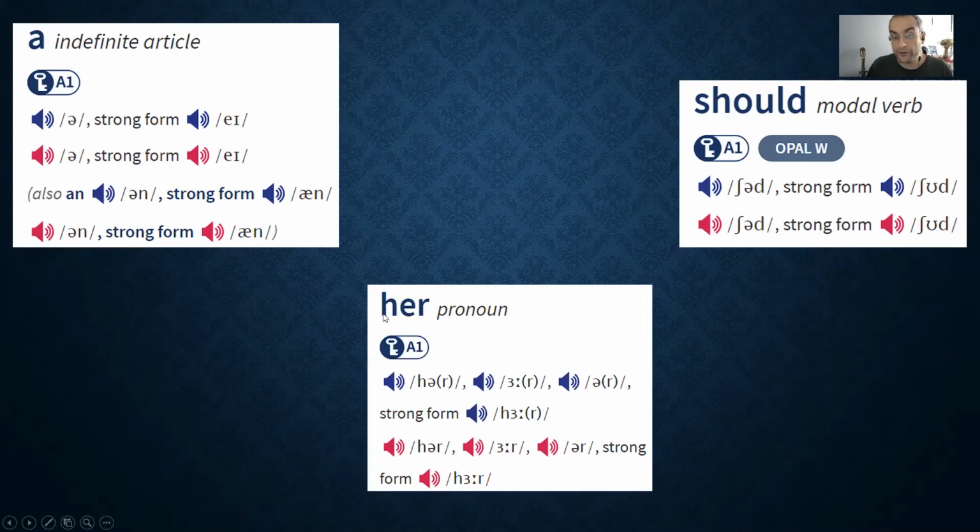Even the first sound just drops. So in British you just say, I love her, instead of I love her, they say I love her. An American person would say I love her, love her.